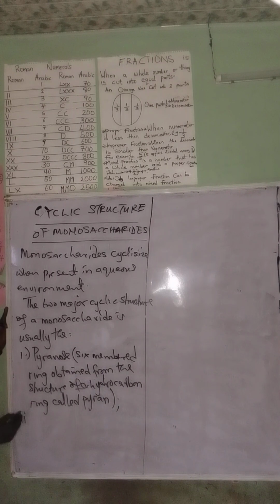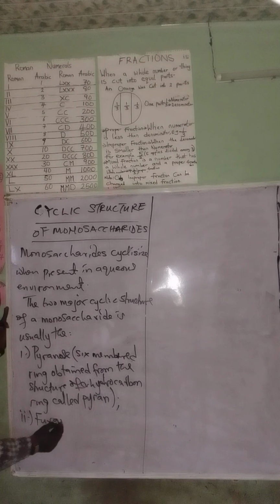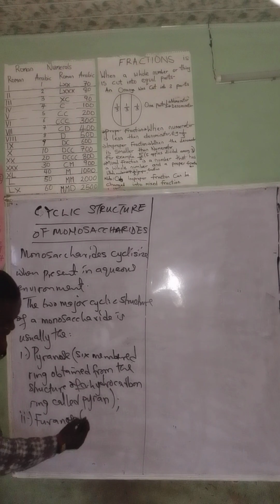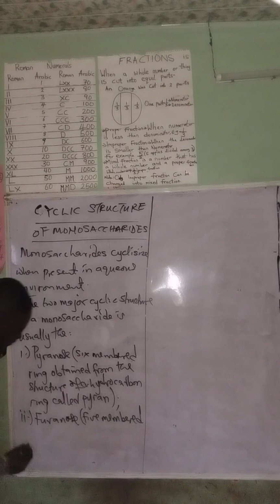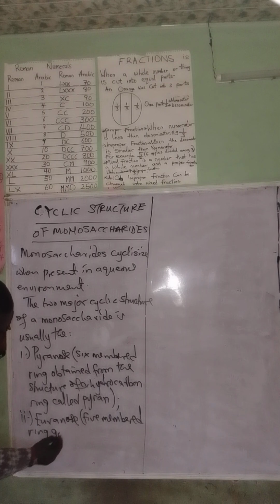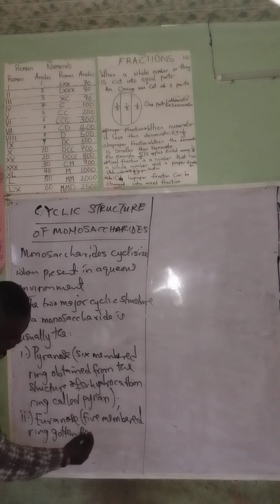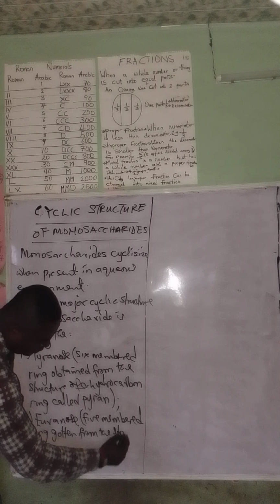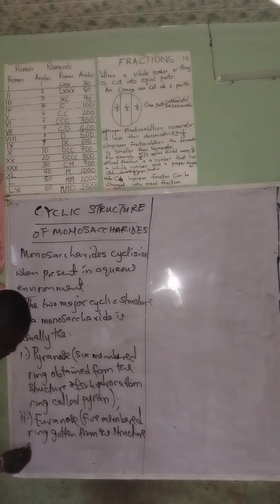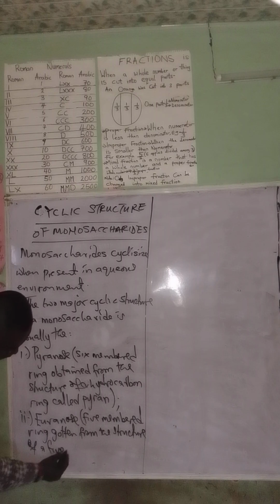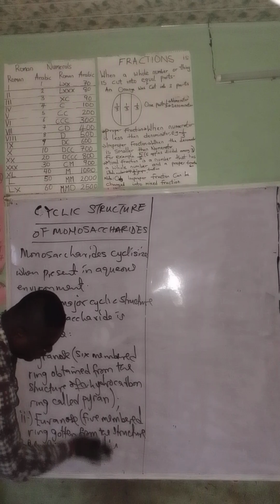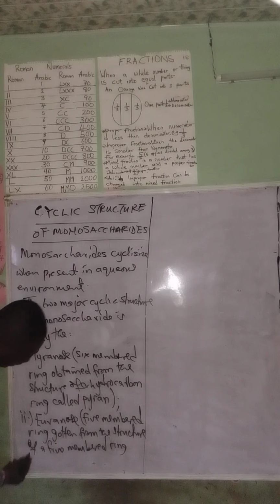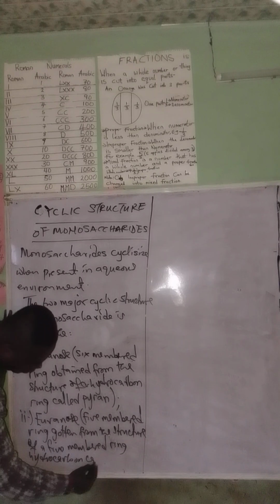Then another one we have is Furanoses. Furanose is a 5-membered ring gotten from the structure of a 5-membered ring hydrocarbon called furan.